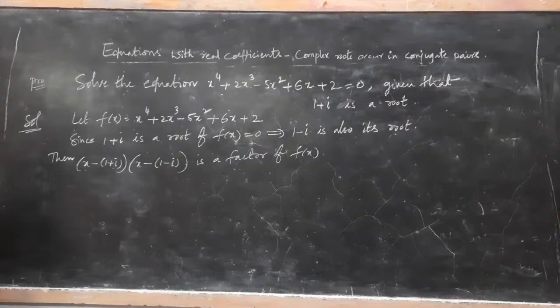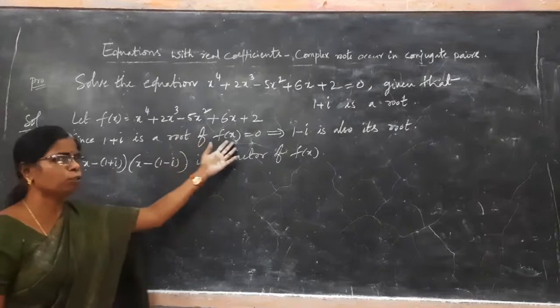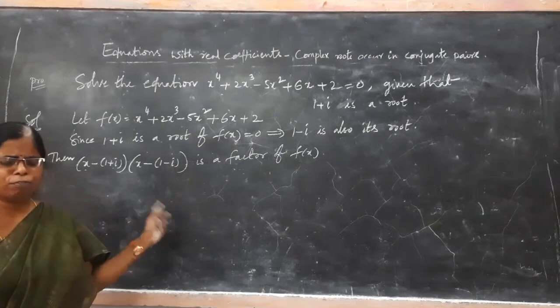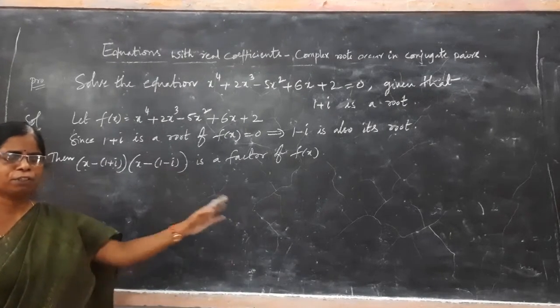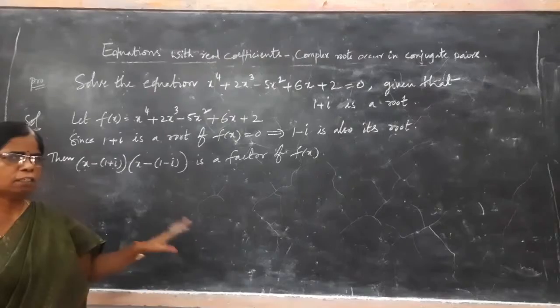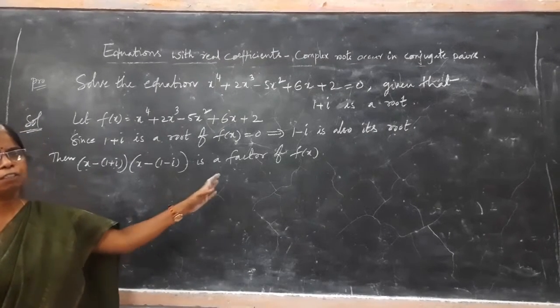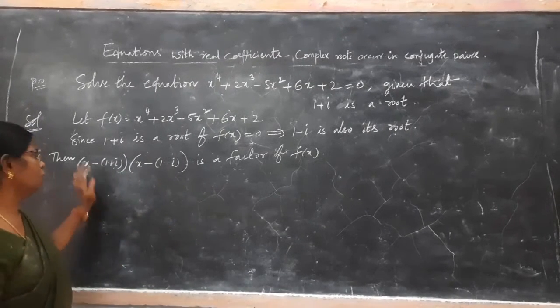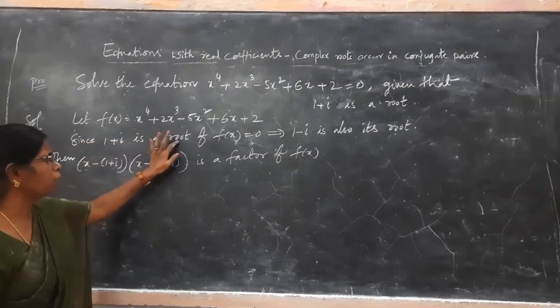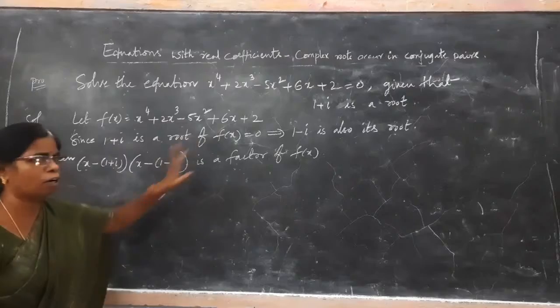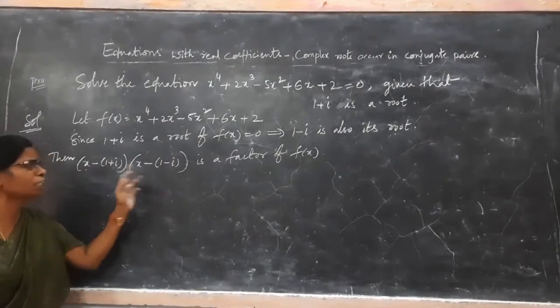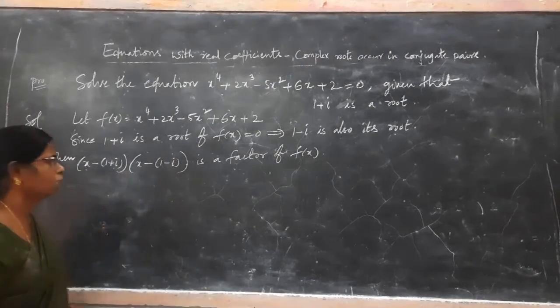Don't get confused: if alpha is a root of f of x equal to 0, then f of alpha is equal to 0, which implies x minus alpha is a factor of f of x. That's all. Since 1 plus i is a root, f of 1 plus i equals 0, and x minus alpha is a factor of f of x.